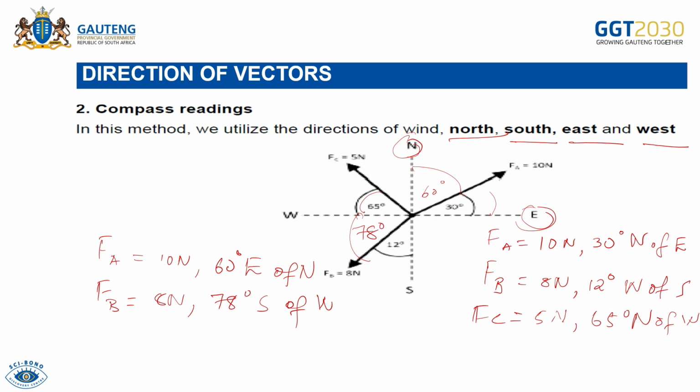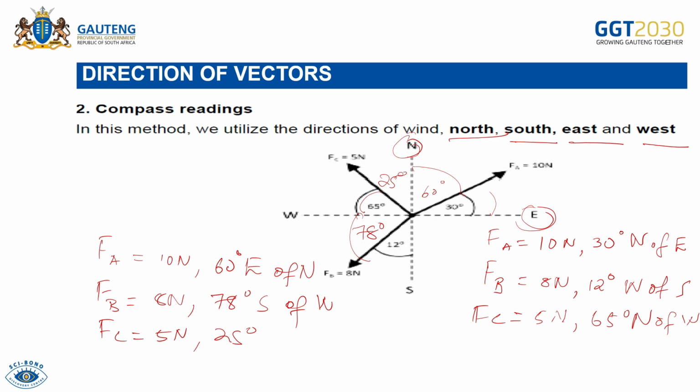Then let's look at our FC. If here is 65, so 90 minus 65, I'm having 25 degrees, right? Which means that my FC will be what? What is the magnitude? 5 newtons. What is the angle given? 25 degrees.